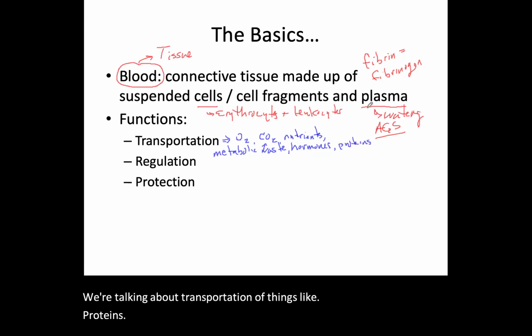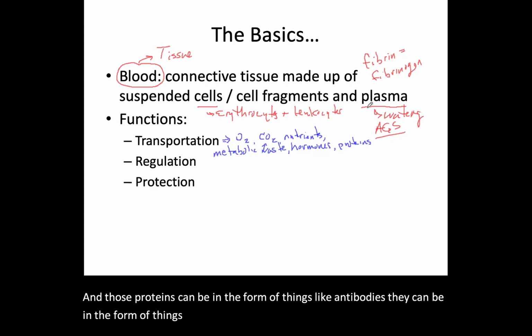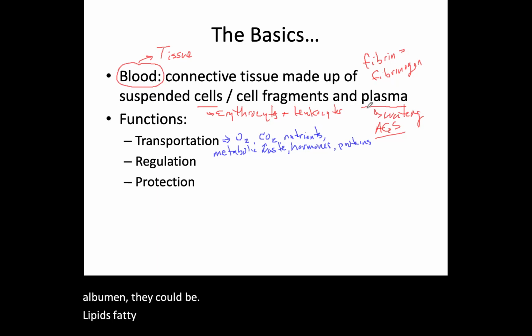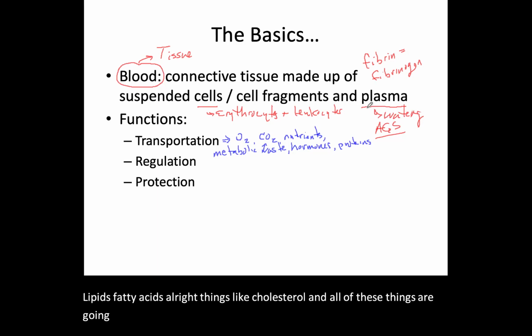And those proteins can be in the form of things like antibodies. They can be in the form of things like antigens. They can be in the form of things like albumin. They could be lipids, fatty acids, right? Things like cholesterol. All of these things are going to be transported through blood.